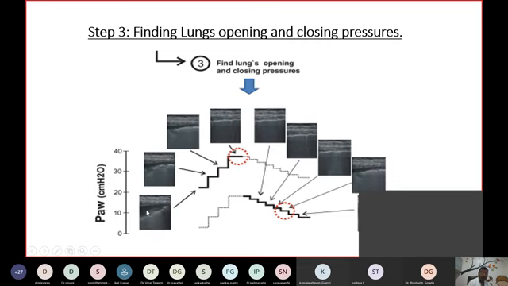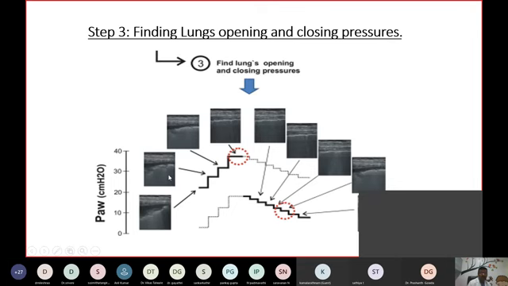Basically, you increase the PEEP by 2 to 5 centimeters based on the patient's age, keep ventilation for 2 minutes with that PEEP, and do ultrasound after 2 minutes in sequence. See here, this is a patient where you have a B pattern and alveolar collapsed lung.